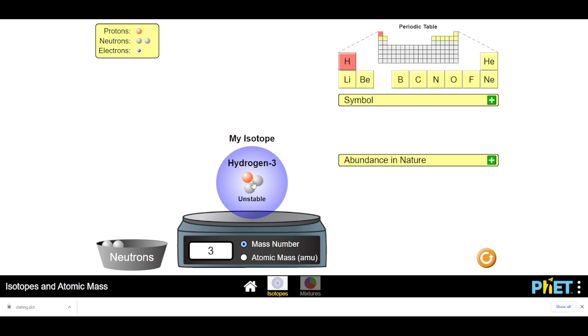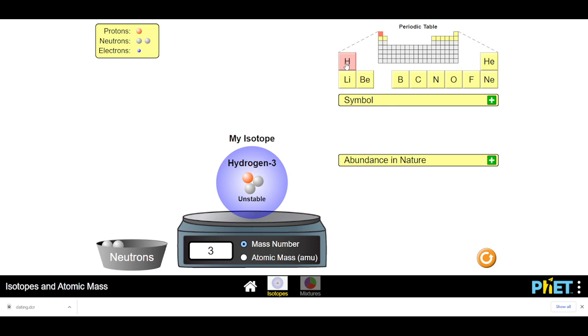You're also going to learn later on that we can determine how long it takes for a hydrogen 3 to change into a hydrogen 2 or a hydrogen 1, a more stable product. There's things that you can click on here. Actually, I don't want you to do the abundance in nature, but you can flip around with the atomic mass or just leave it at mass number.